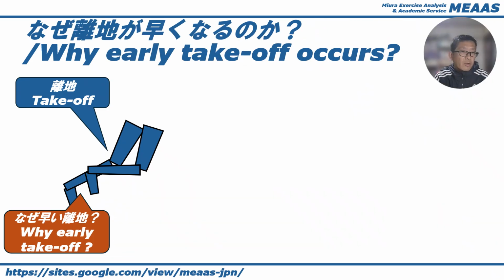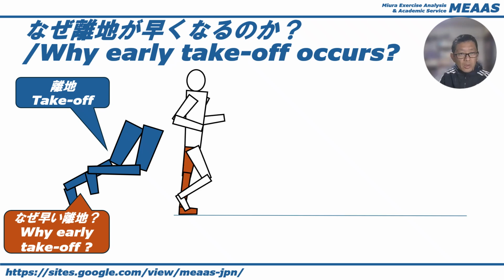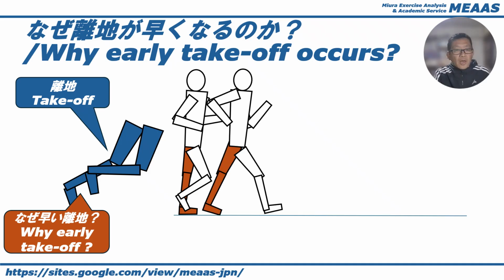Okay, let's think about why early takeoff occurs. This is the diagram of takeoff. This is ground. The walker is now progressing, in this vertical position, and starts to kick.